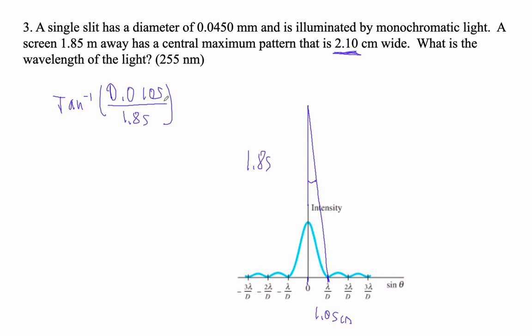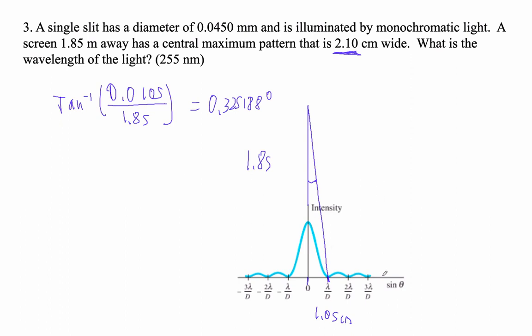I'm going to do this in degrees. This is going to be so much more work, and we'll get exactly the same answer, but that's okay. That angle is 0.325188 degrees.